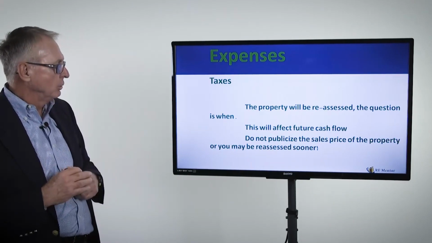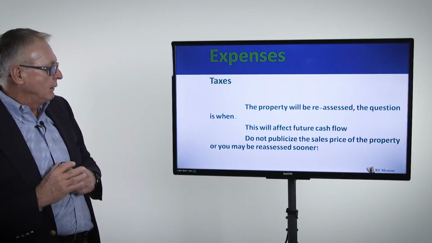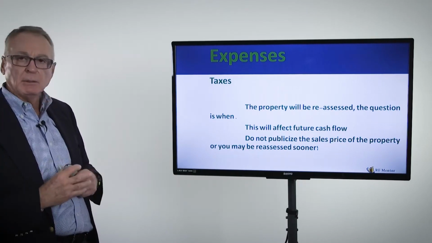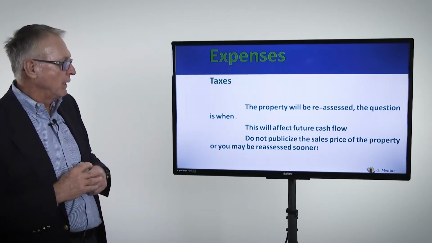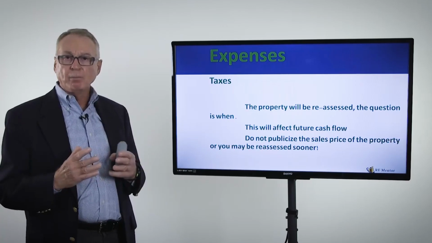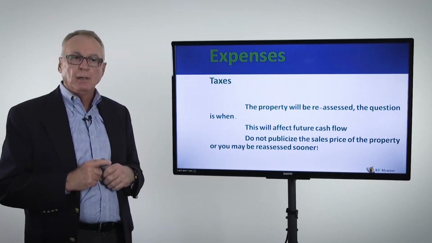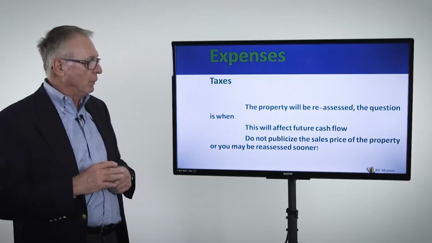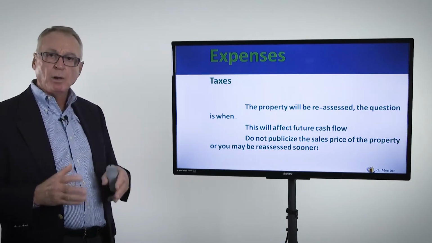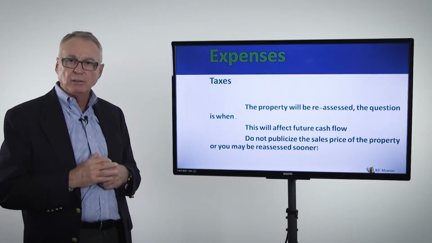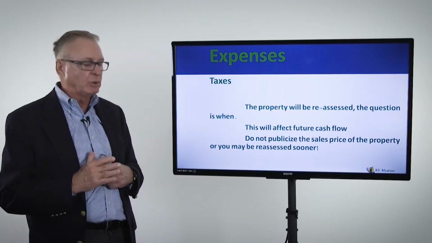Obviously, this will affect your cash flow. In some states, they don't publicize the price of the property, particularly in a state like Texas, where they don't list the purchase price as public information.